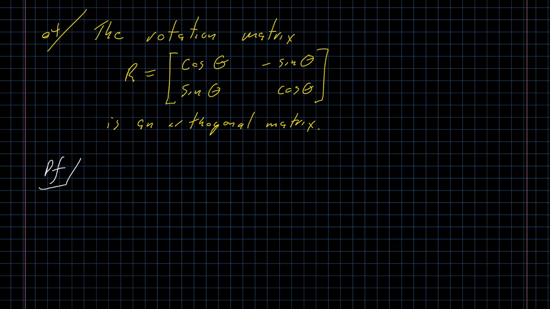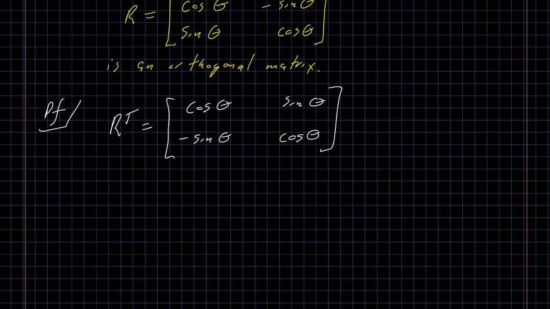Proving that a matrix is orthogonal is very straightforward. Find the transpose of that matrix. In this case, that's going to be cosine theta, negative sine theta, sine theta, cosine theta, and then multiply R transpose times R. All right. First row, first column, cosine sine times cosine sine. We have cosine squared theta plus sine squared theta.